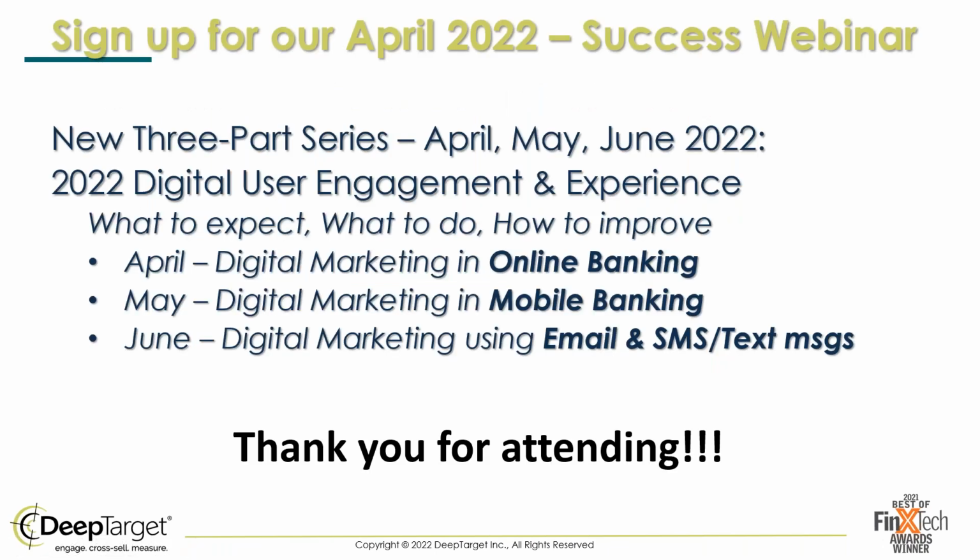And guess what? We're going to have a new 3-part series starting next month as well. This time we're going to dive into online banking in April and the aspects of online banking, and focus on what goes on with digital users in online banking and how to best engage them in that environment and how to best utilize Deep Target and so forth. And then we're going to go into mobile banking in May to make sure that that is super optimized as well, making sure that you're engaging everyone, because so many people are on mobile right now, and that's where they're visiting you, right?